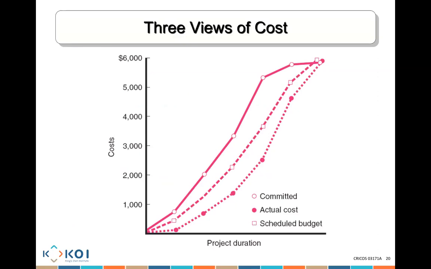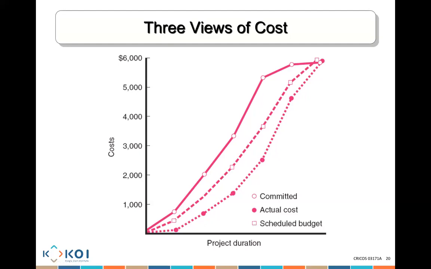Now, when we talk about cost, we talk about different types of cost. We talk about scheduled cost. What does that mean? When I plan my project, I might create a scheduled budget. I believe on day 1, in this example, I'm going to need maybe $500. That's what I scheduled.